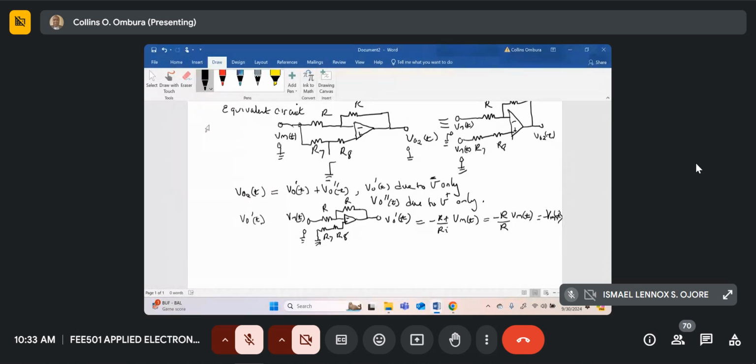So next, V naught double dash of t, the equivalent circuit.